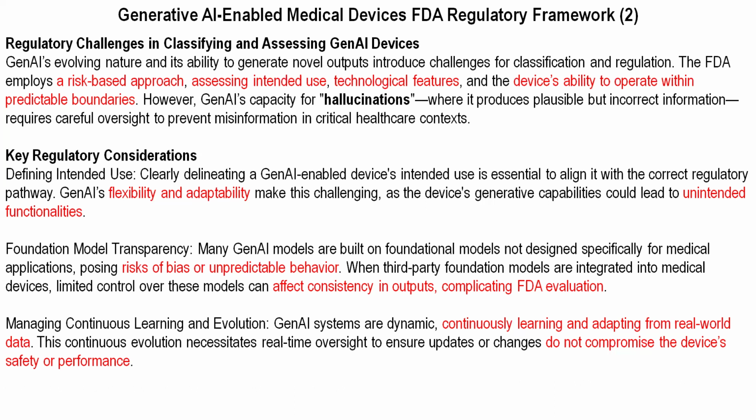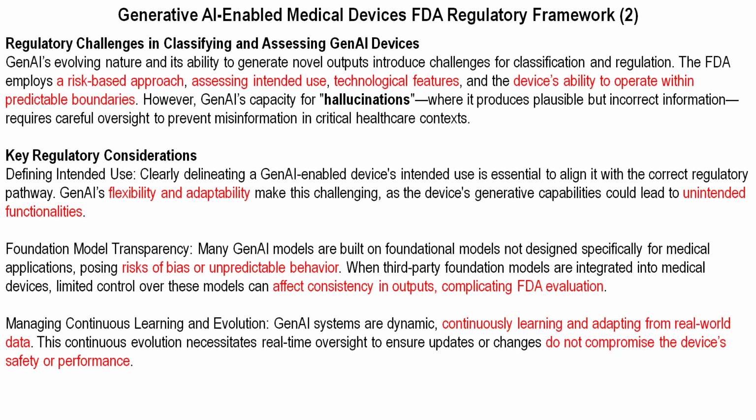And also, they are continuously evolving because they are not static. Because the generator can have a new data set, it can be retrained and continuously learn, adapting from real-world data. One example is ChatGPT. I use ChatGPT every day, many times for healthcare AI, analyzing and providing a lot of information.